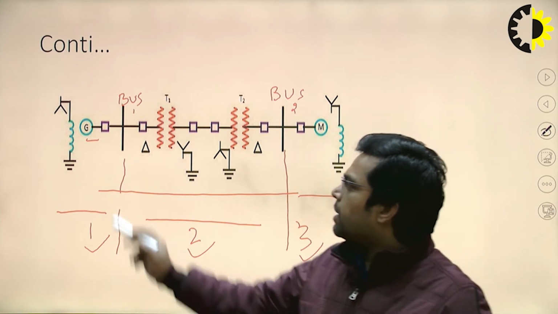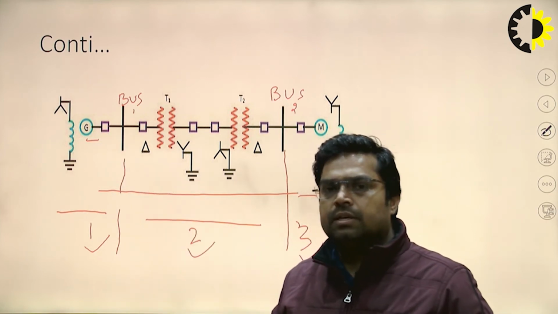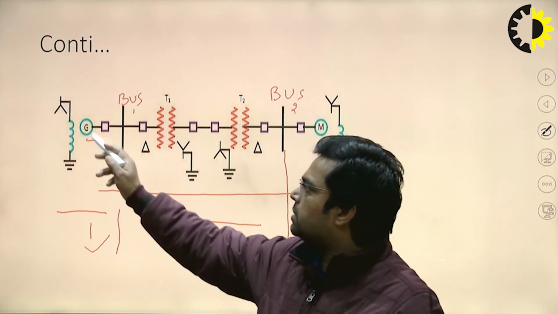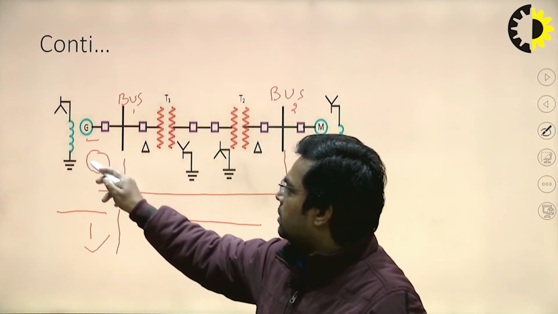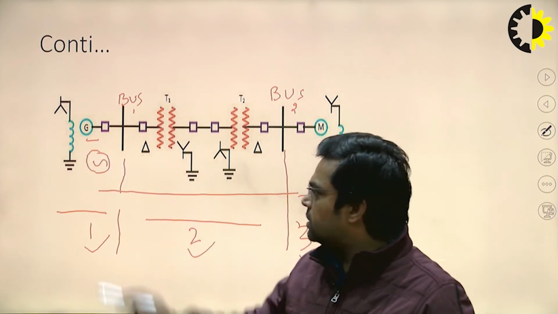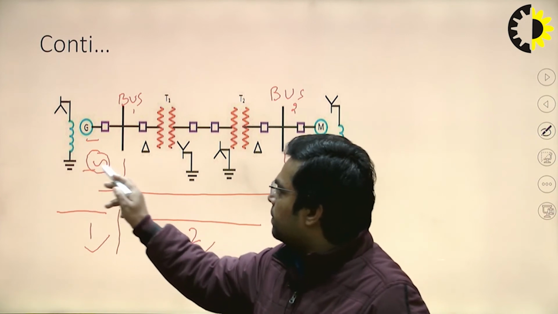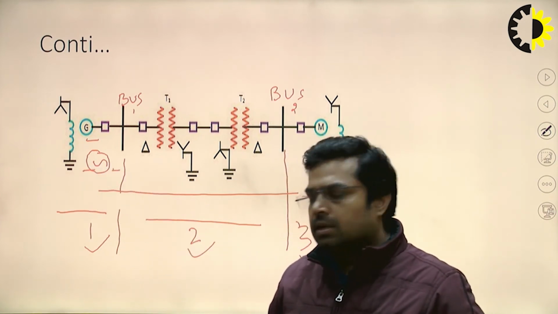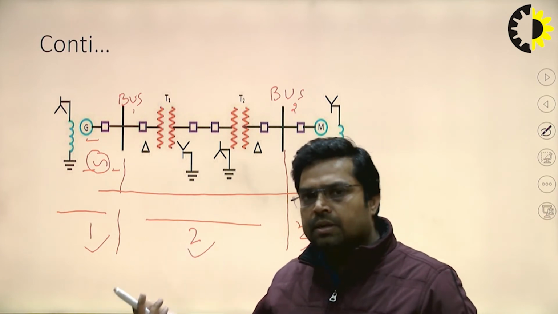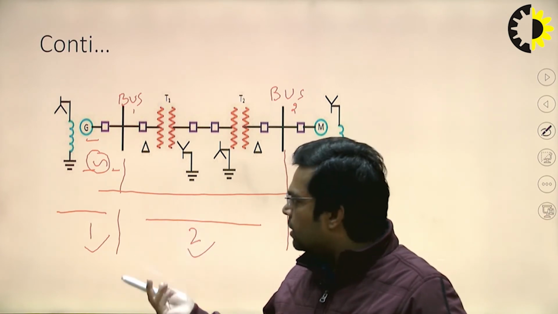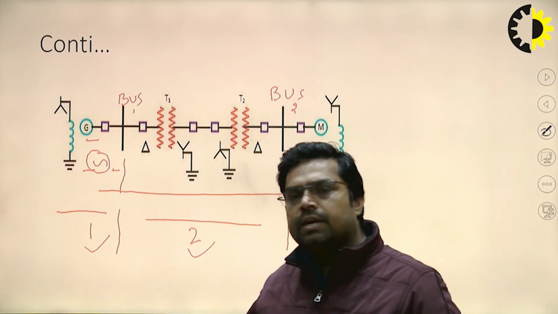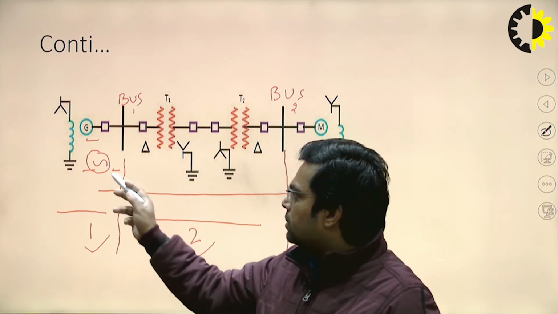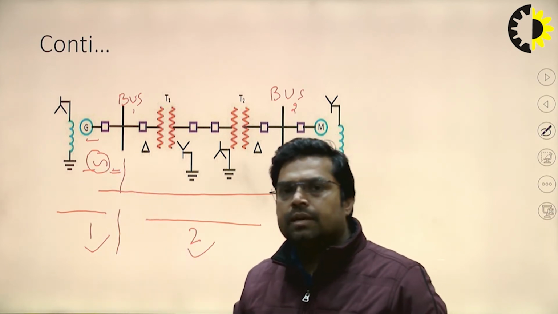According to the IEEE standard, the generator is represented like this. This is the simple representation of any rotating machine. There is a difference between rotating machines, maybe generator, maybe motor. How to differentiate whether this is a generator or a motor?